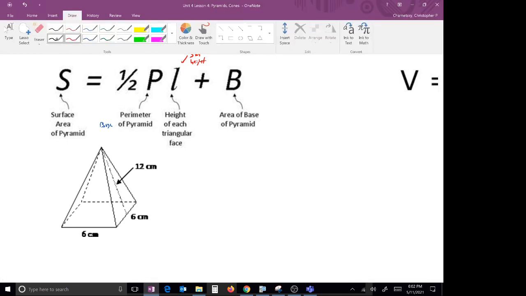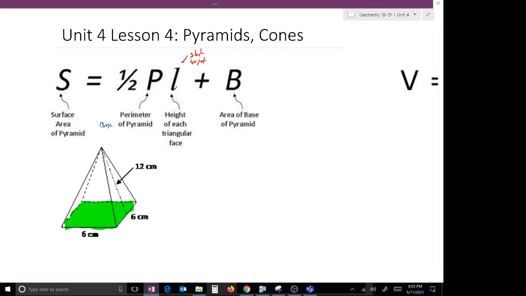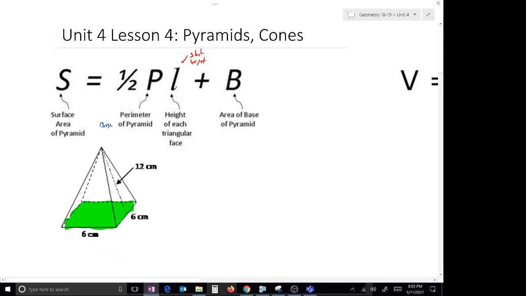All right, let's talk about why this formula works and where all the parts come from. So just like a prism, we identify pyramids by their bases. So down here we have our square base. So this is known as a square pyramid.